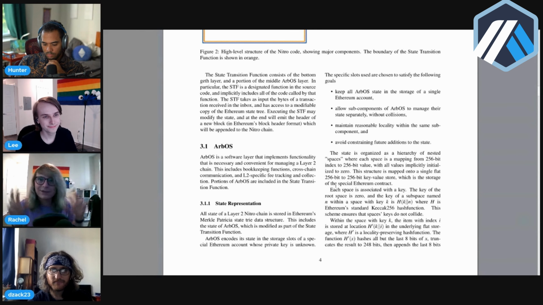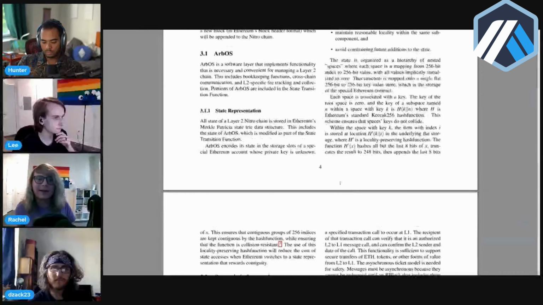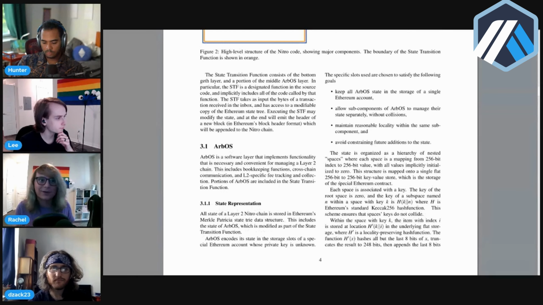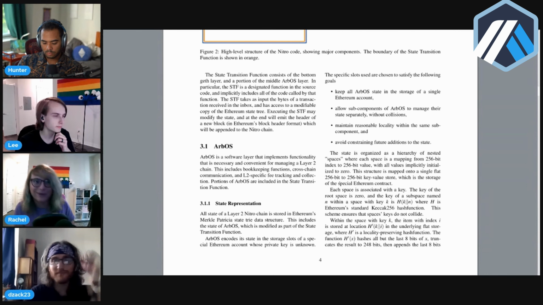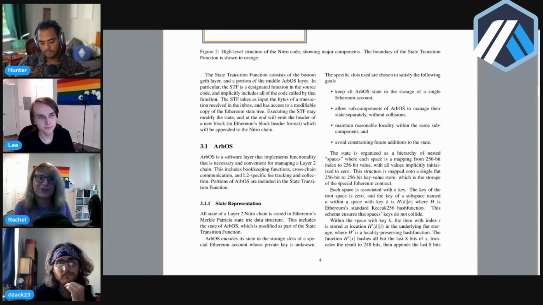There's a special address that has no known private key, of course, because it's a human-readable one. If we need to manage accounts or contracts, or use these special things we call precompiles that give you access to certain unnatural behaviors you can't really get out of Solidity, it maintains the state, updates it, and stores it in the very state trie that all of the accounts and contracts are in.